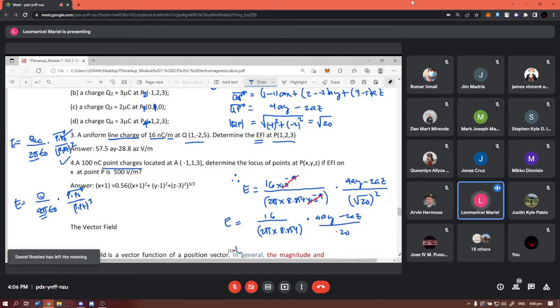So, same ba ang makukuha natin? That is equals to roughly 57.5 ay minus 28.8 az. That is volts per meter or newton per coulomb. Is it correct? Kindly verify.